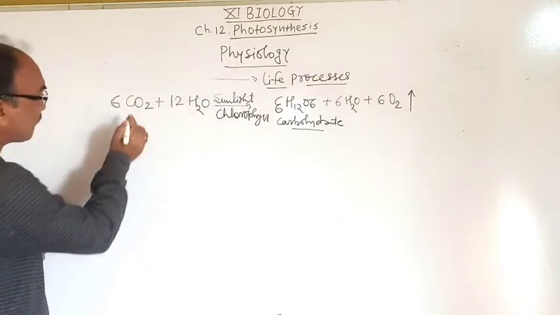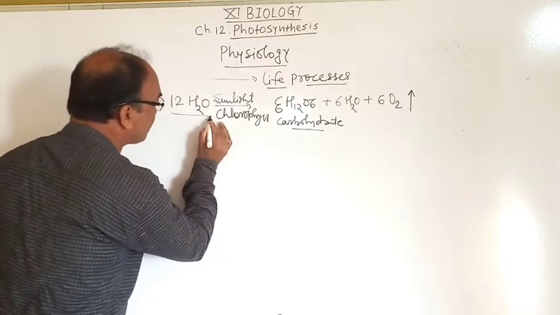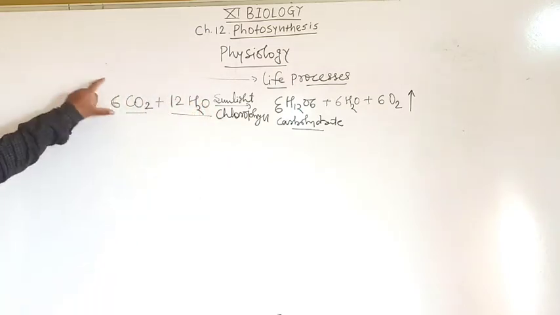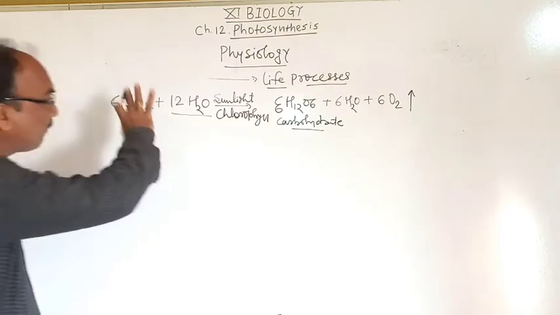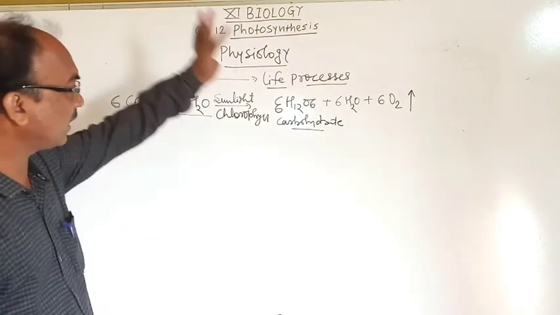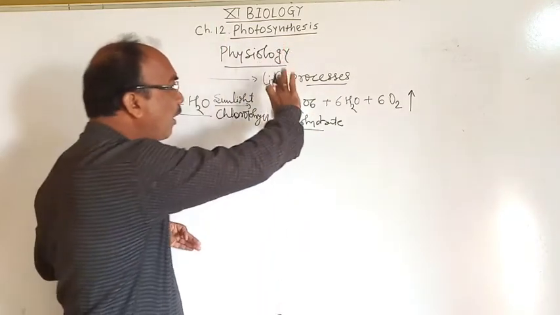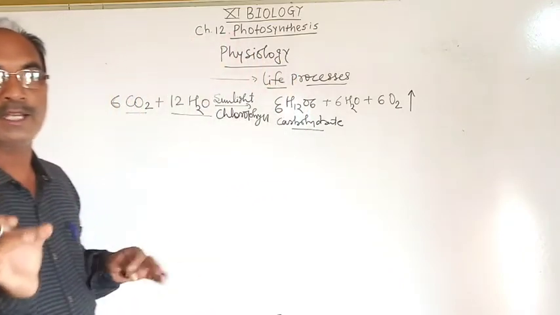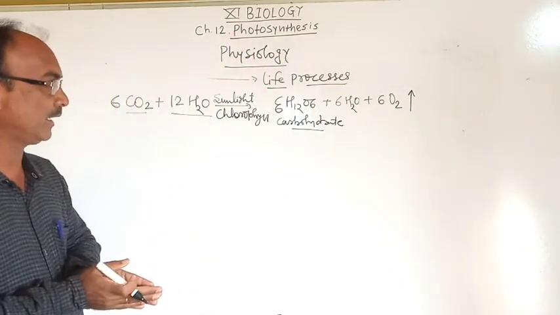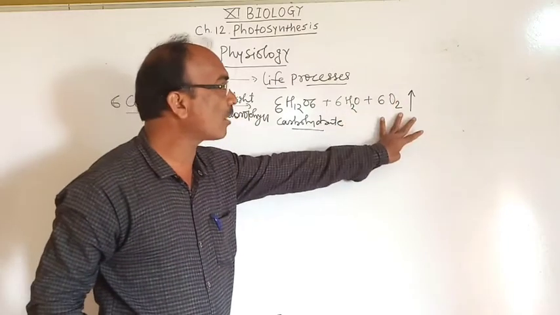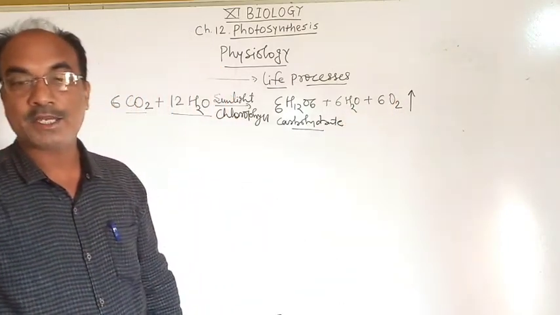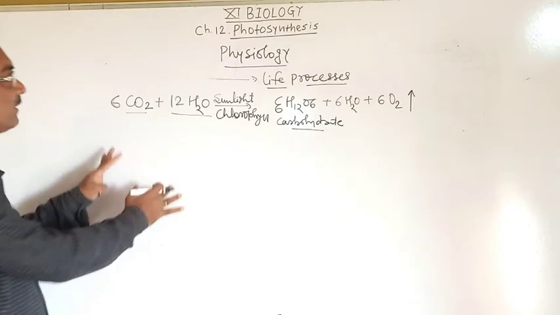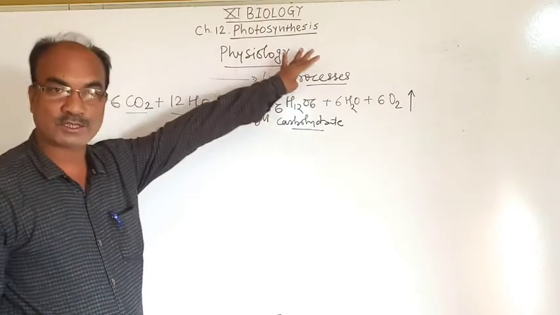ओके, यहाँ पे ए CO2 and H2O are the simple substances, and that simple substances are converted into a complex organic food, that is the carbohydrate. Then water and oxygen molecules are evolved. That process are called as the photosynthesis.